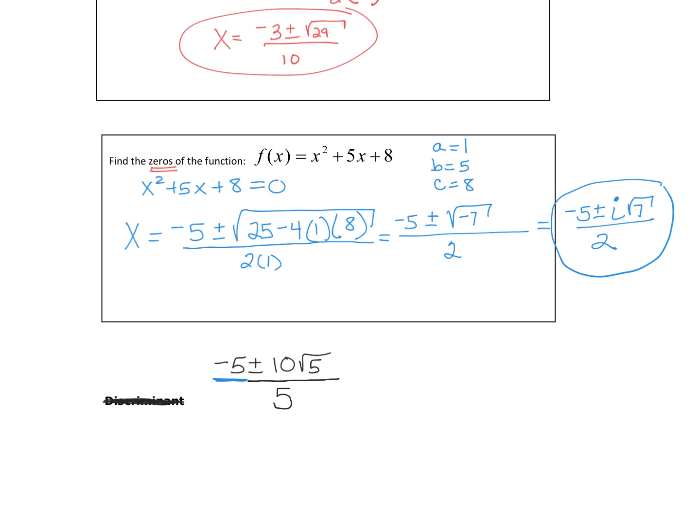And then I also often see people try to cancel these 5s. We don't want to do that. What we do want to do is on the top, let's factor out a 5. That will leave us negative 1 plus or minus 2 root 5 over 5, and then we can reduce that. But I really have to reduce by dividing into both of these, so it's better to factor it out first.